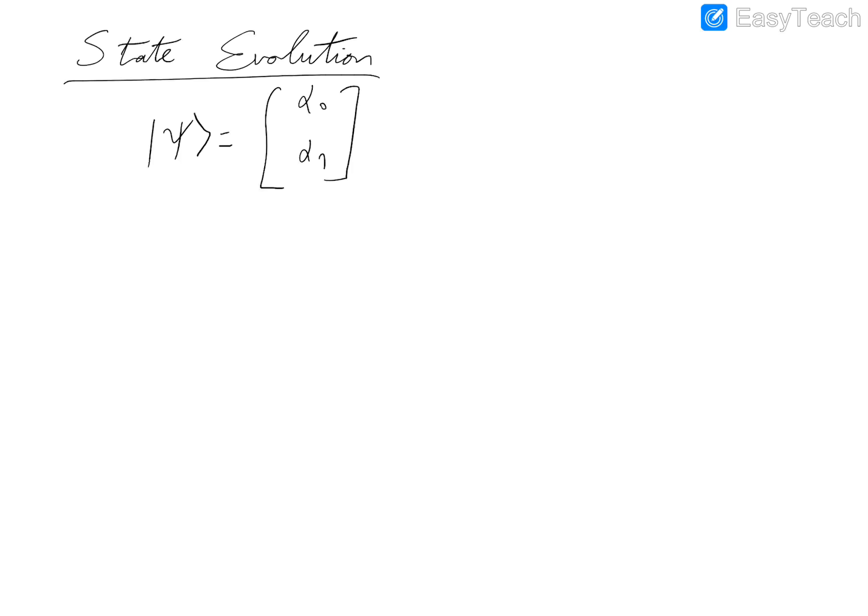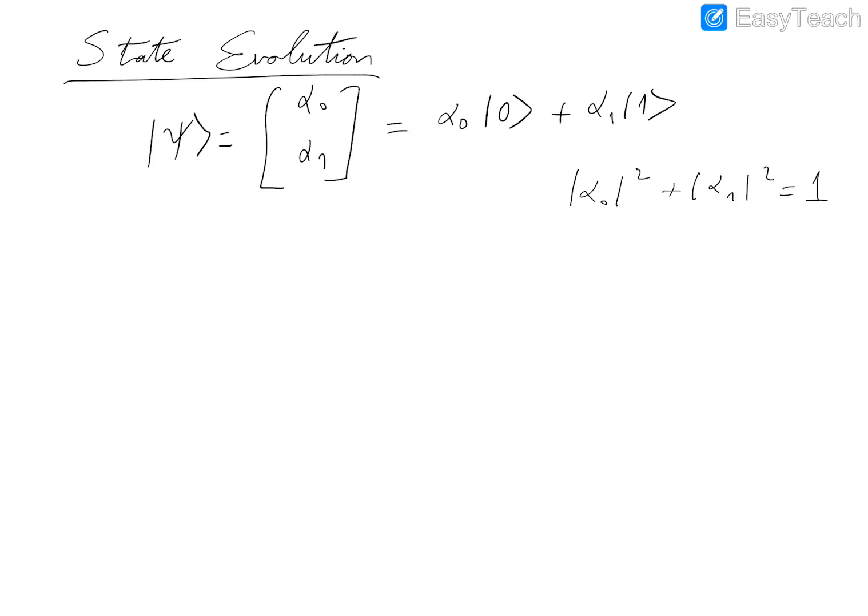So this means that psi, in the canonical basis, is alpha 0 |0> plus alpha 1 |1>, such that alpha 0 and alpha 1 are complex numbers, and that the magnitude square of alpha 0 plus the magnitude square of alpha 1 is equal to 1. Okay, so the magnitude squares of the amplitudes add up to 1. This is because we want to work in normalized systems.